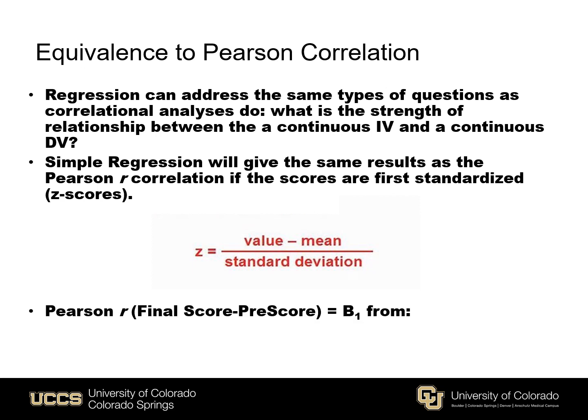So, simply put, if we want the Pearson R correlation between, let's say, final score and pre-score, we can grab the B1 coefficient or slope from a regression model that regresses the z-score equivalent of the final scores on the z-score equivalent of the pre-scores, as shown in this regression model.